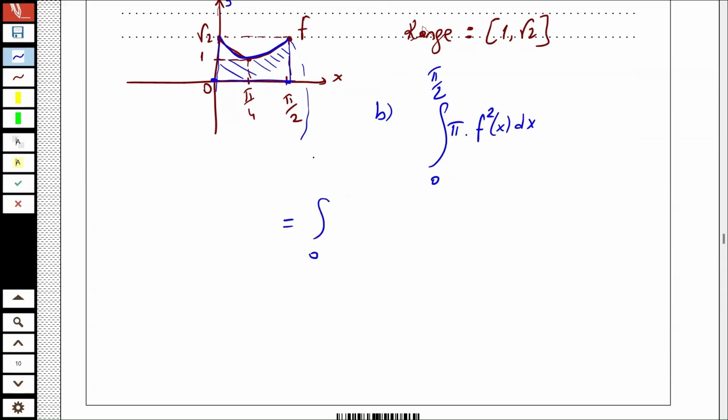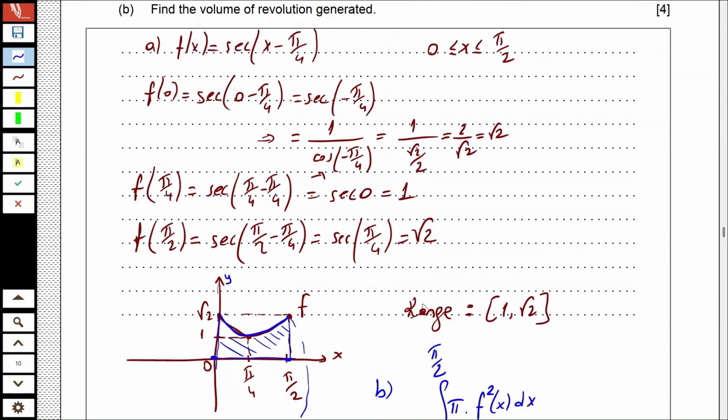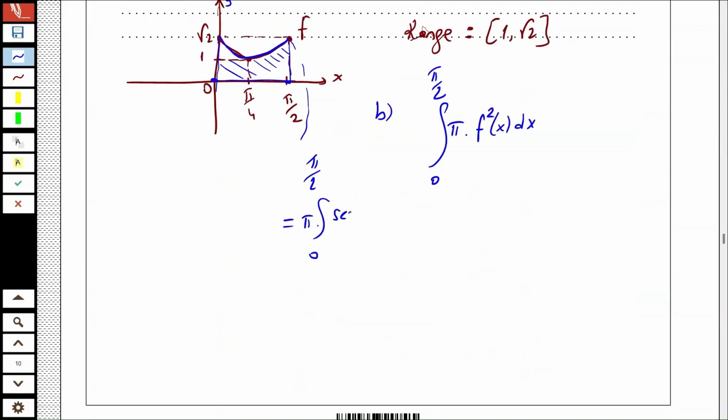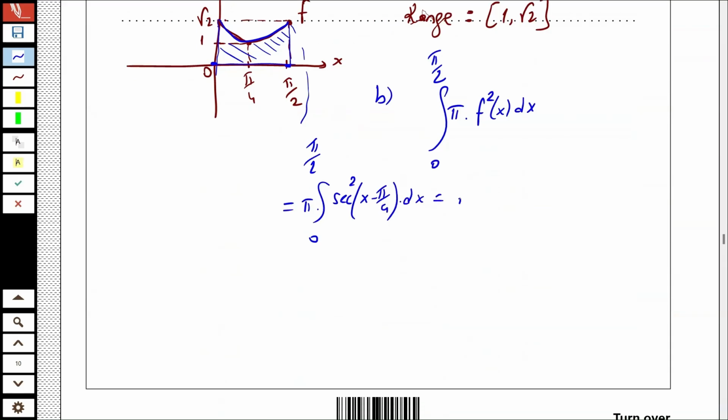So let's calculate. By the way, you can write pi outside the integral, and our function is secant of x minus pi over 4, squared, dx. What is the integral of secant squared? You will see from the formula booklet that it is tangent. Tangent of x minus pi over 4, with limits from 0 to pi over 2.